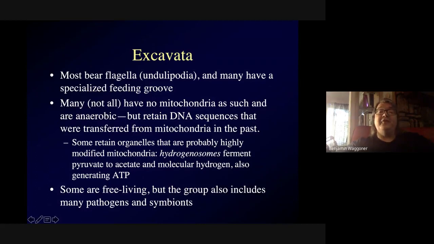In some cases, the mitochondria have been modified into new types of organelles, like hydrogenosomes, which ferment pyruvate into acetate and generate some ATP and also generate molecular hydrogen, hydrogen gas. There's plenty that are perfectly good free-living organisms, but as I've mentioned, there's plenty of parasites, pathogens, and symbionts in the Excavata.